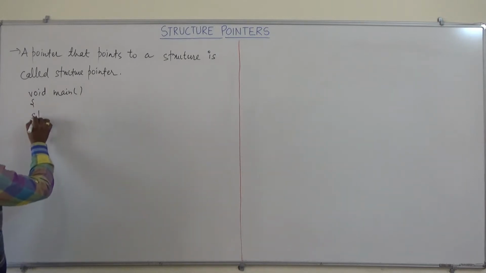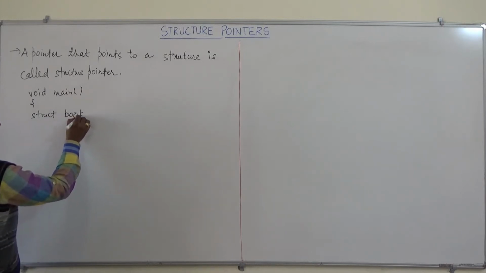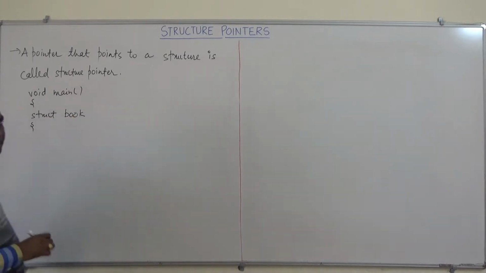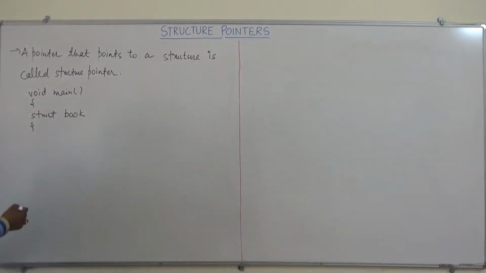So here we are declaring a structure, that is book, and its items are its name, its author's name, and its serial number.